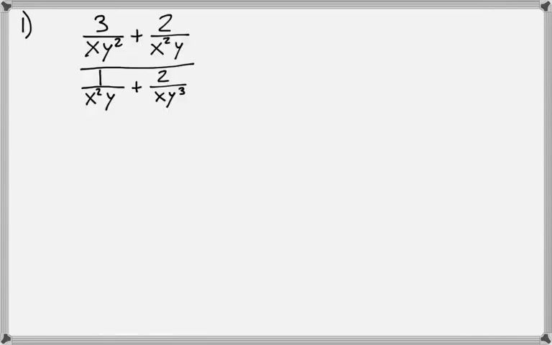Okay, so for number 1, we're trying to simplify this complex rational expression. So I need to get my LCD. I don't have any coefficients in front of my variables on the denominators. I'm only looking at the denominators.